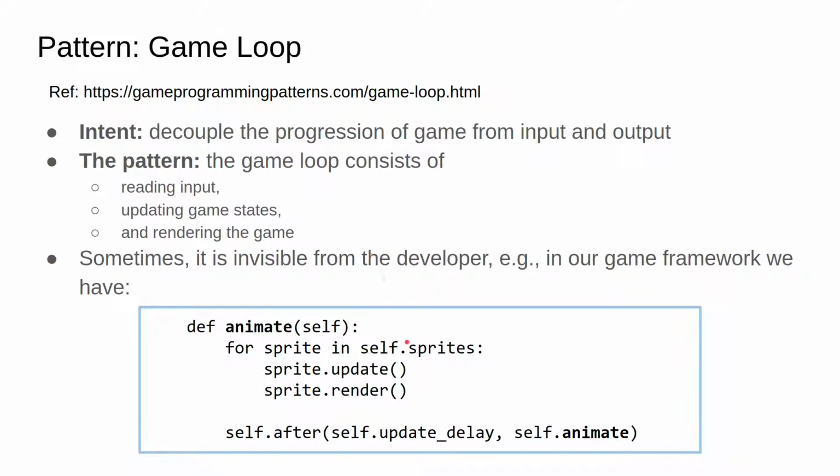This appears in our game framework as the function animate. It looks at all the sprites or all the elements, and then we call update on it. We update its states and we render. And then this self.after registers another call to this function, so it acts like a loop here.